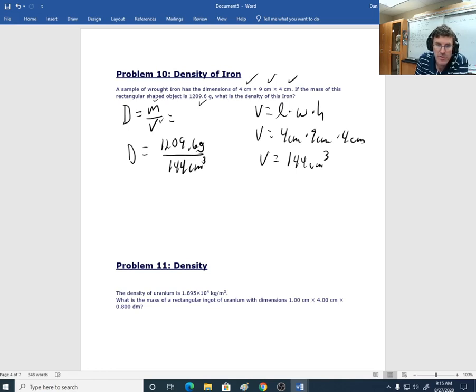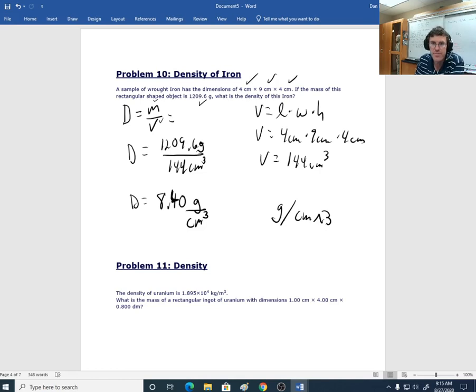You divide the numbers and you get 8.4, and our units will be grams per centimeters cubed, which you can type as G slash CM caret 3, which is a shift 6. Now, if this gives you the yellow box of confusion, it says use more digits, you can always add a 0 to that. Okay? All right.